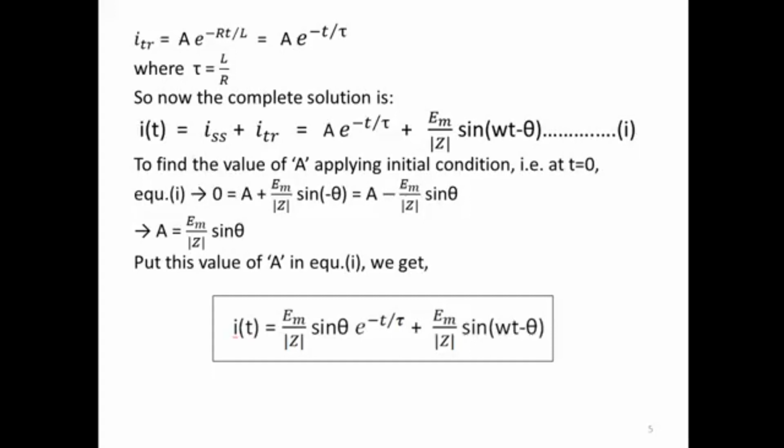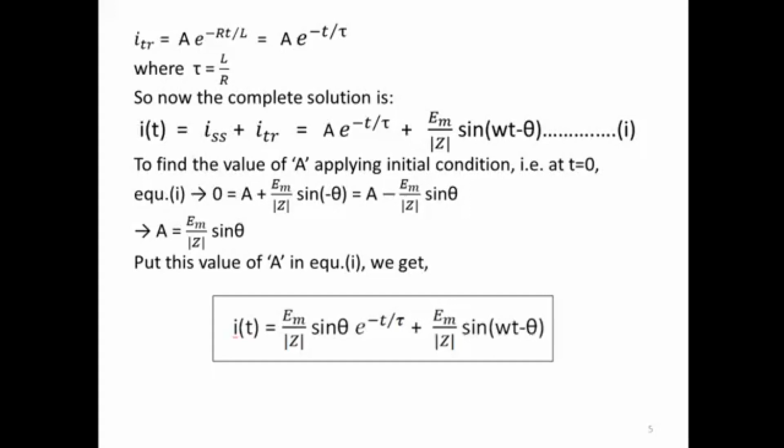Now the complete solution is i(t) equal to the sum of steady state and transient. You can add these two components. That is what is written in equation 1. Now one thing remaining is to find the value of A by applying initial conditions, that is at t equal to 0. At t equal to 0, the current will be 0, and e to the power minus t by tau will be equal to 1.